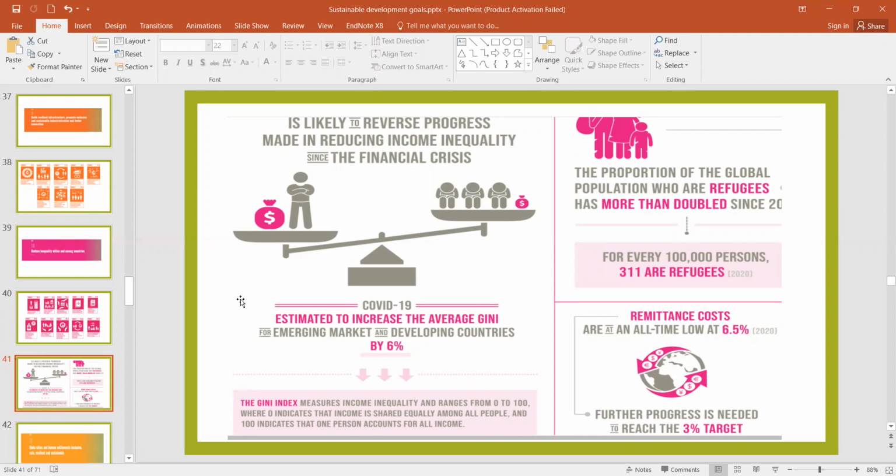The proportion of the global population who are refugees has more than doubled since 2020. For every 1 lakh persons, 311 are refugees.